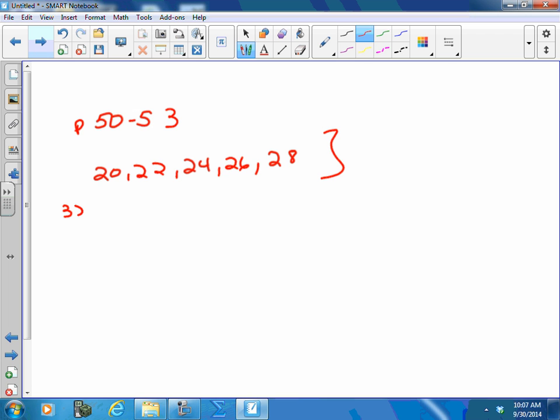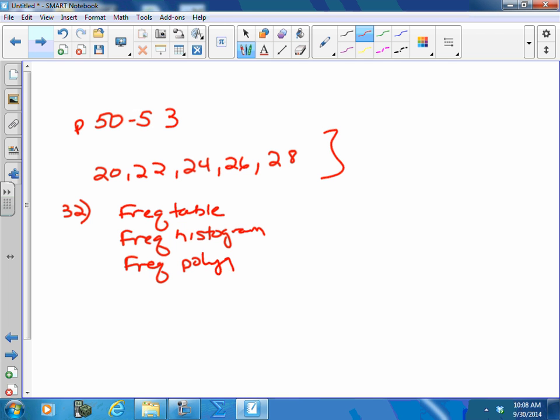Then number 32, you're going to do a frequency table, a frequency histogram. I'll give you graph paper, a frequency polygon, a relative frequency, and an OJI.